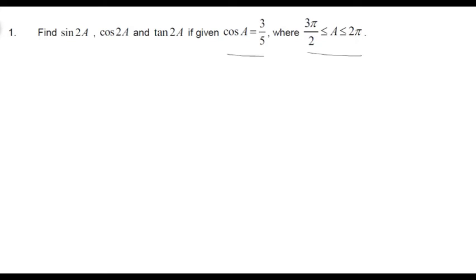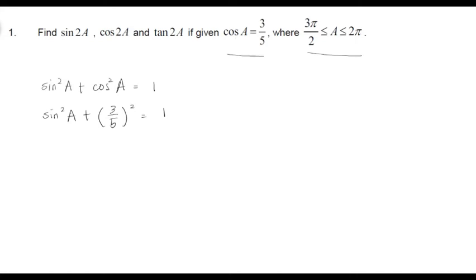So first we try to find other information. We have cos A, so let's say we want to find sine A and also tangent A. We can use a Pythagorean identity which is sine squared A plus cos squared A equal to 1. We substitute the information that we have, and then we have sine squared A plus 3 over 5 squared equal to 1.